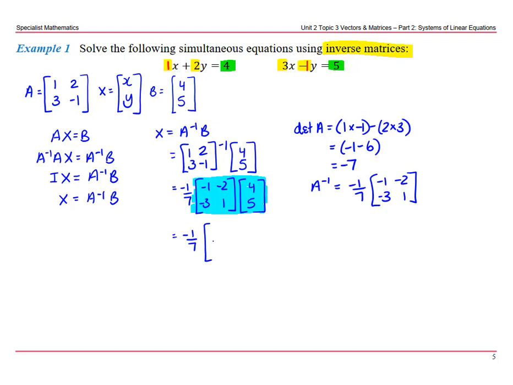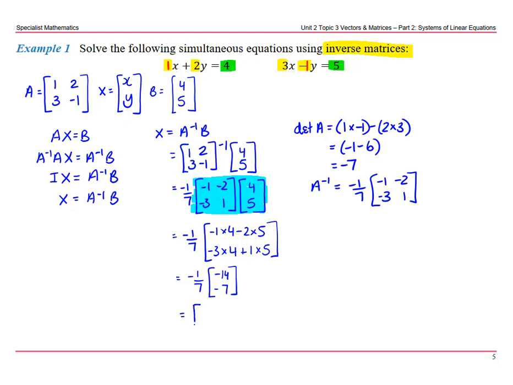So across the row, down the column: negative 1 times 4, minus 2 times 5, and then negative 3 times 4, plus 1 times 5. So that gives us negative 1 over 7. Negative 1 times 4 is negative 4. Negative 4 take 10 is negative 14. Negative 3 times 4 is negative 12. Negative 12 plus 5 is negative 7.